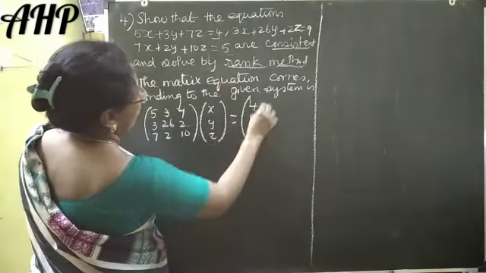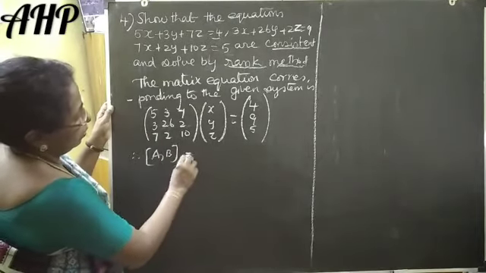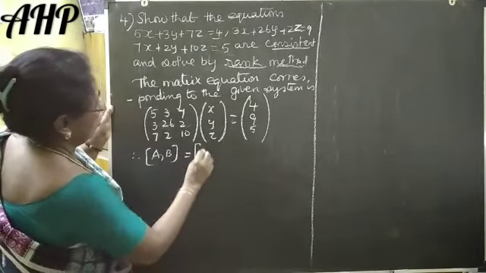Therefore, the augmented matrix AB is equal to 5, 3, 7, 4, 3, 26, 2, 9, 7, 2, 10, 5. Now here we are supposed to write it in echelon form.